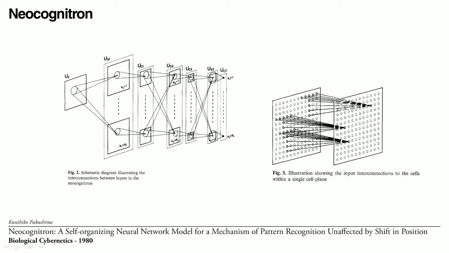And I stress here the title of the paper, unaffected by shift in position. So this was clearly something they were trying to solve at that time. The neocognitron was based on a very simple idea of simple and complex cells. The simple cells performed the convolutions, and complex cells performed pooling, which we will get to shortly. Unfortunately, there was no killer application, so it didn't really catch on at that time.